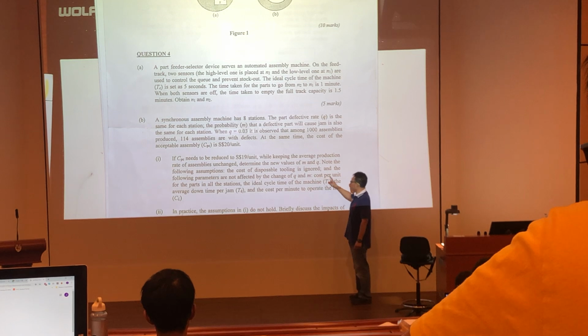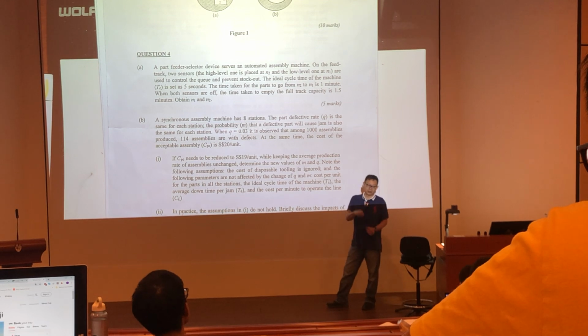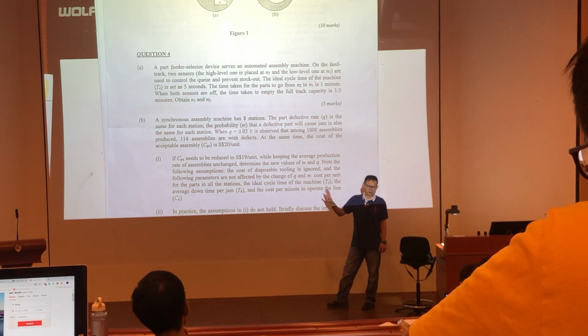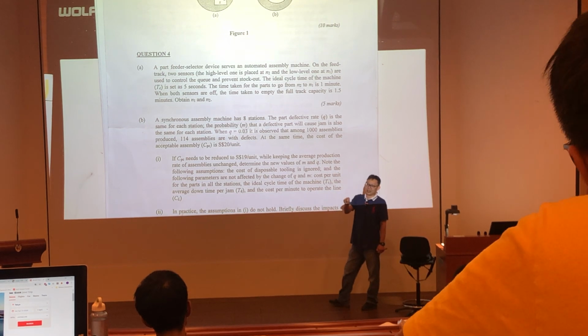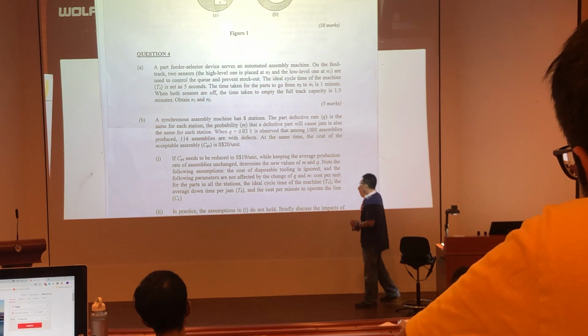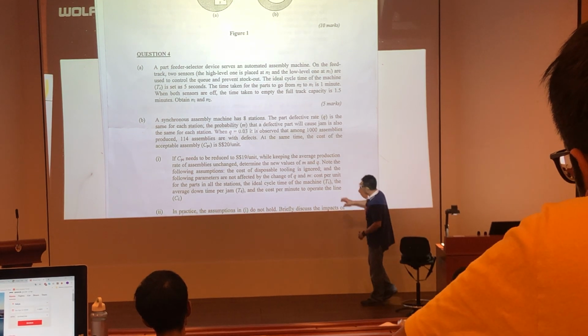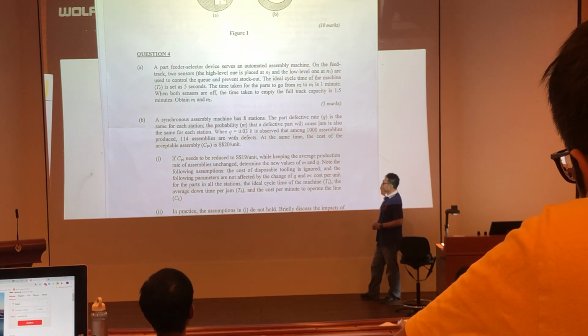Okay, the first thing is cost per unit. Cost per unit, that's not true. In practice, if you change Q, normally the price will change. So you should say the change of Q would affect this. Okay, the ideal cycle time of the machine, this one is fine. Average downtime, fine.